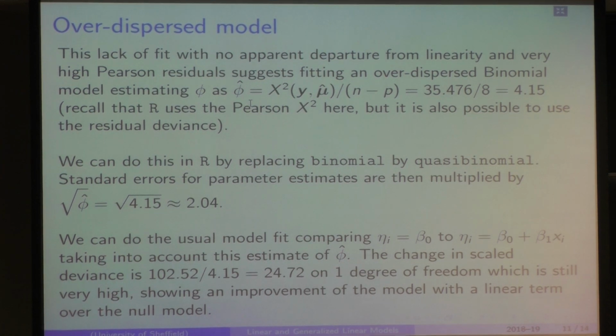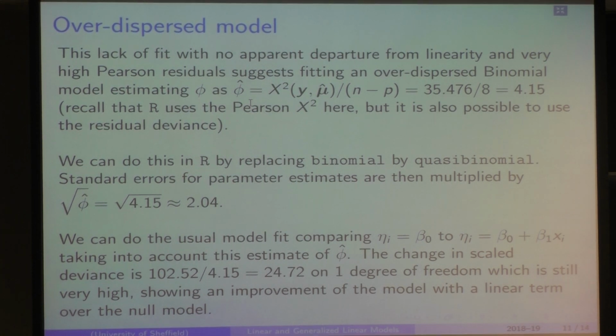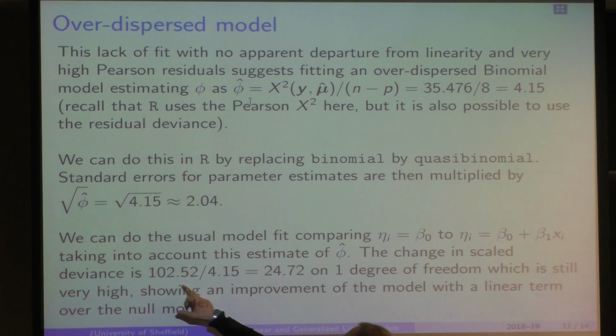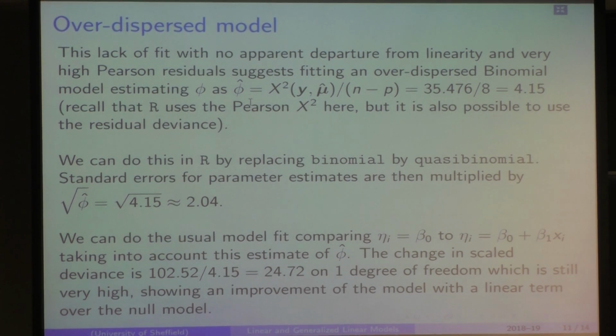So the difference between the two deviances, when they're scaled, is now the original difference between the two deviances, which was this 102 here, divided by the estimate of phi. Perhaps in principle we shouldn't be using the estimate, but the estimate is all we've got.